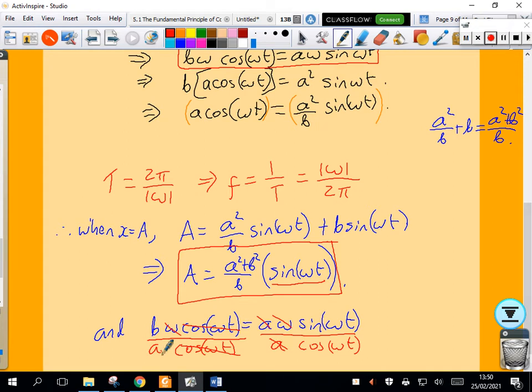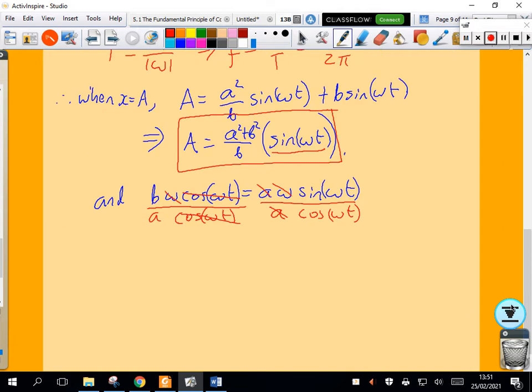To get this expression, what I'll get is b over a is equal to sine over cosine of an argument, which is equal to tan of that argument. So b over a is equal to tan of the argument.